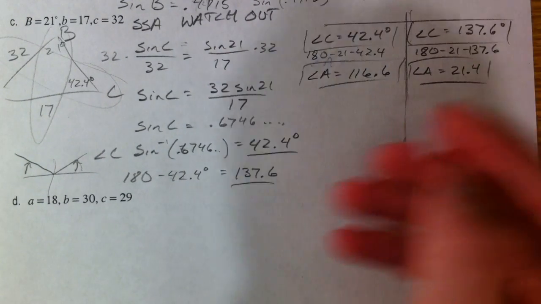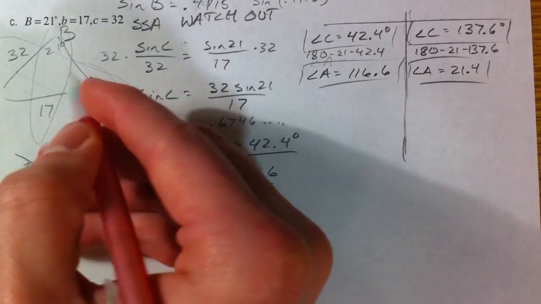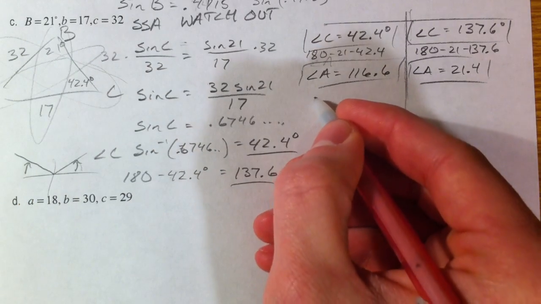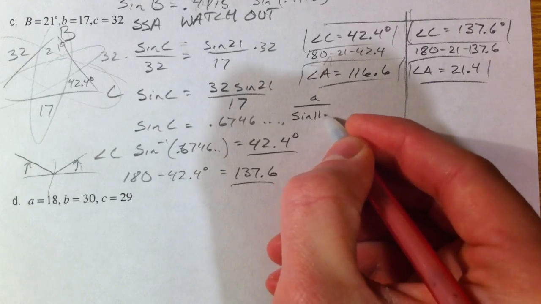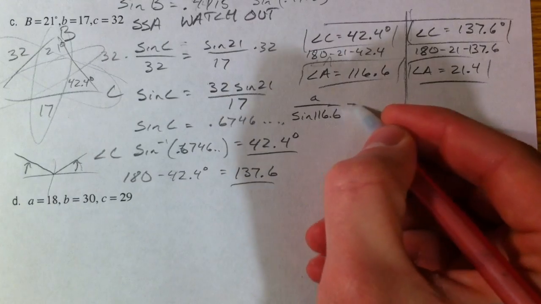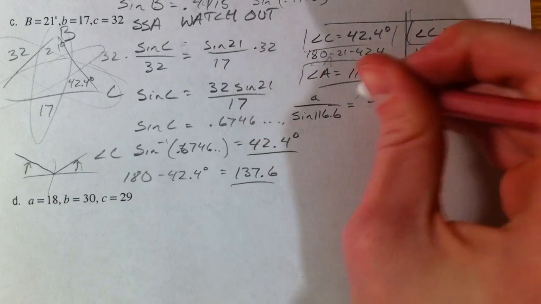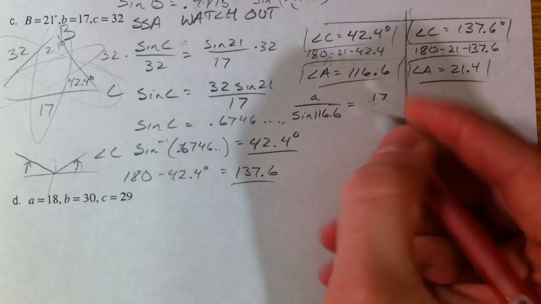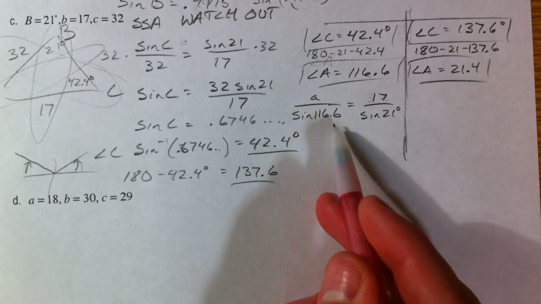And now to find side A. The side A is across from the sine of 116.6, and set it equal to our original, and actually I'm going to use 17 because there's no rounding in that one. 17 over sine of 21. And that's our one triangle.